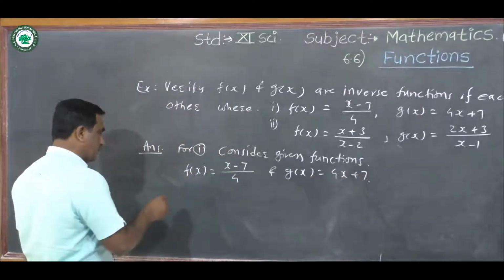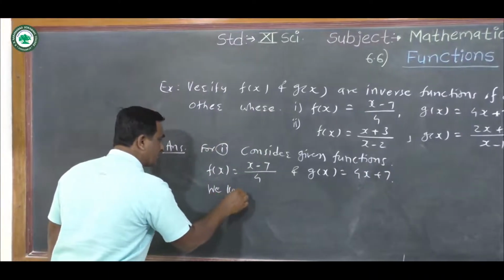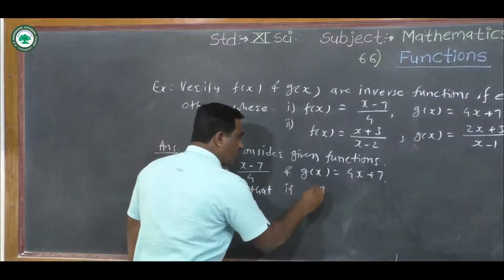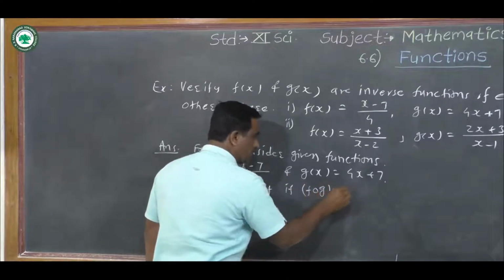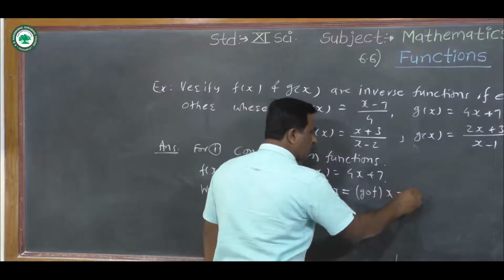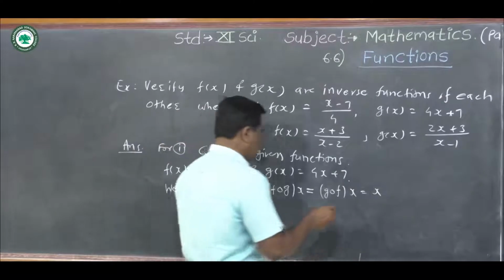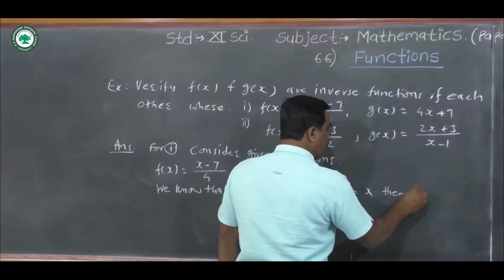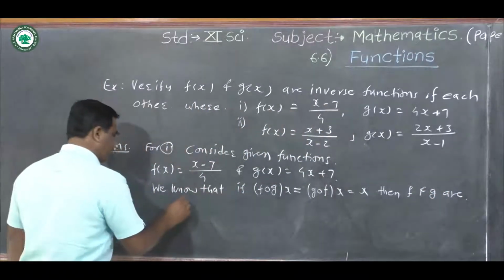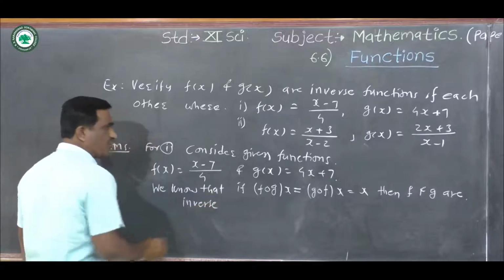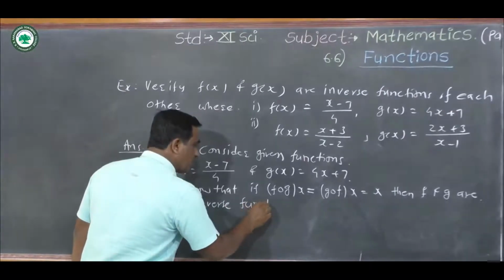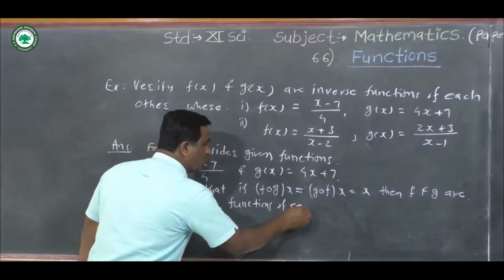Now we know that if g composite with f on x is equal to f composite with g on x is equal to x, then f and g are inverse of each other. F of x and g of x are inverse functions of each other.